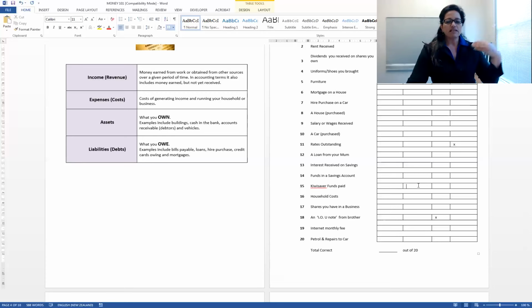We give it to someone else to manage. In this instance, KiwiSaver funds we might pay out. It's not an expense to us. It's actually like we're putting money in a savings account, but it's compulsory. So that money that's sitting over there is something we own.